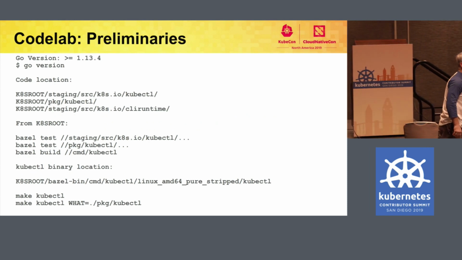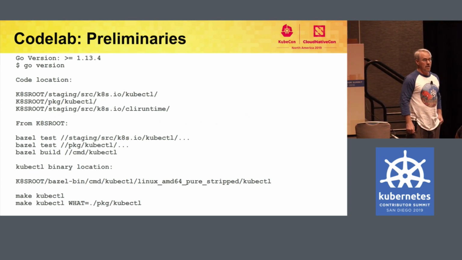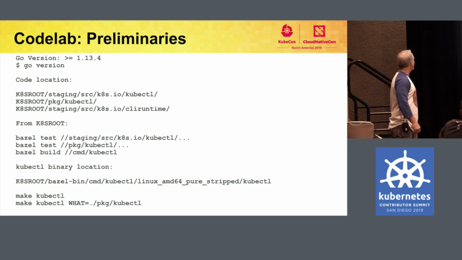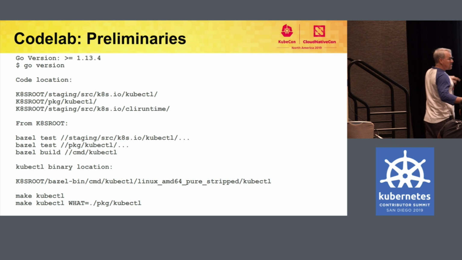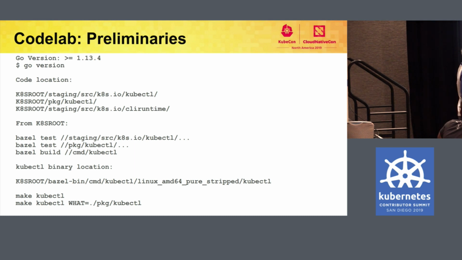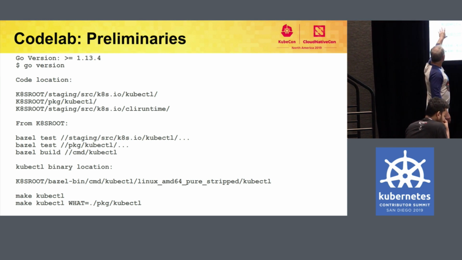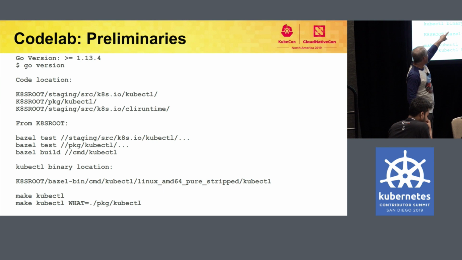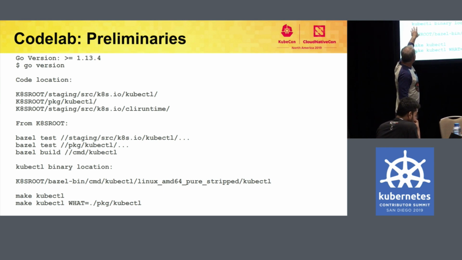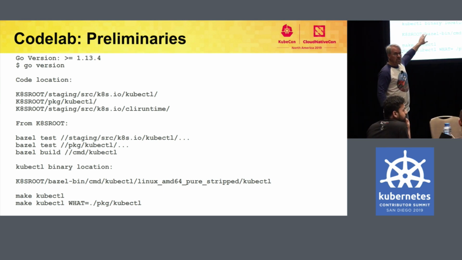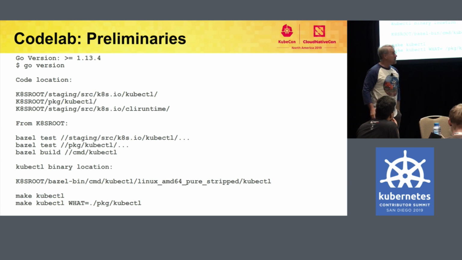Okay, so we're going to dig into actually some code right now. Here are some of the preliminaries. As I was mentioning before, most of the code is located in 3 locations. Staging source, k8s.io, kubectl, and then also there's some left in package kubectl. We're going to move that into staging as well.